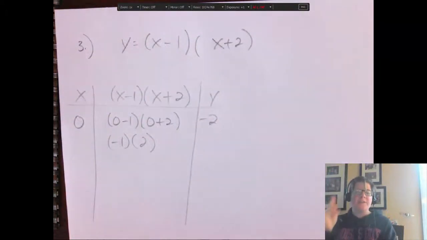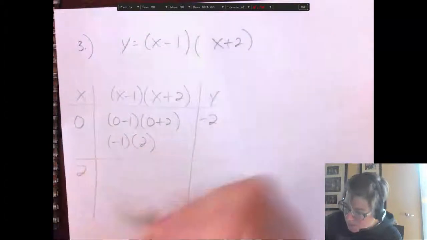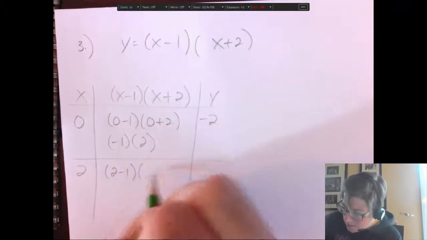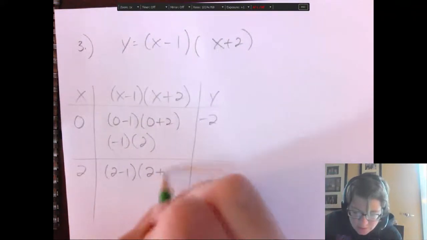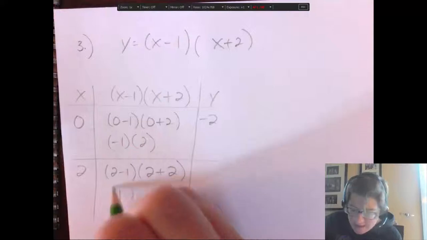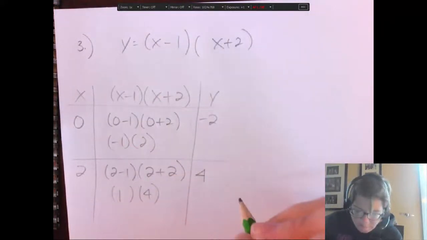Pretty easy. You find the two solutions, times them. Let's put in another number, maybe 2. So 2 minus 1 and 2 plus 2. 2 minus 1 is 1, and 2 plus 2 is 4, so 1 times 4 is 4.